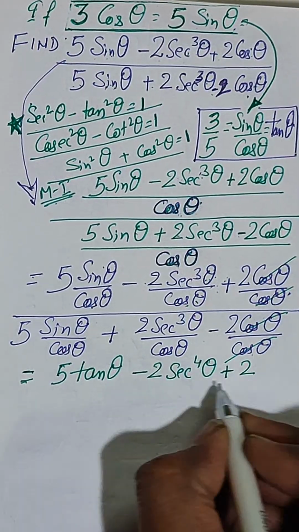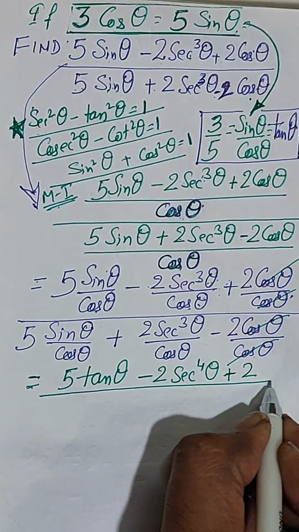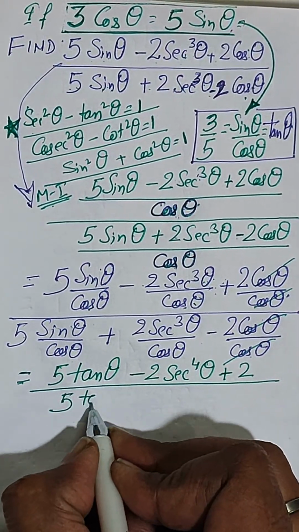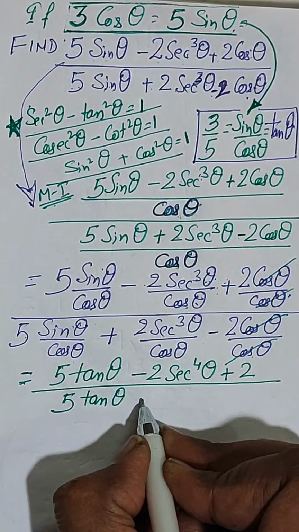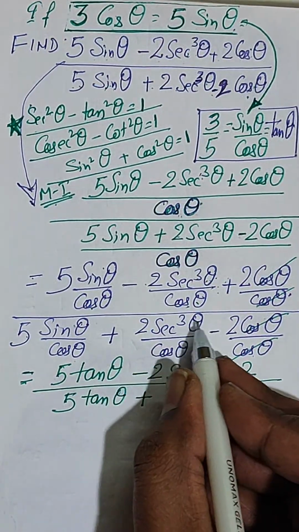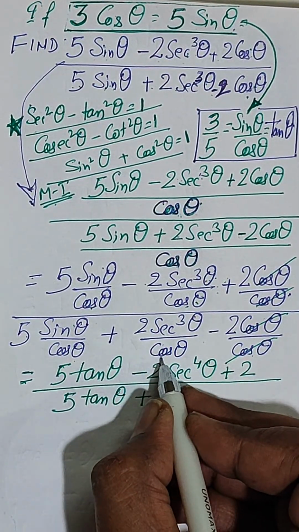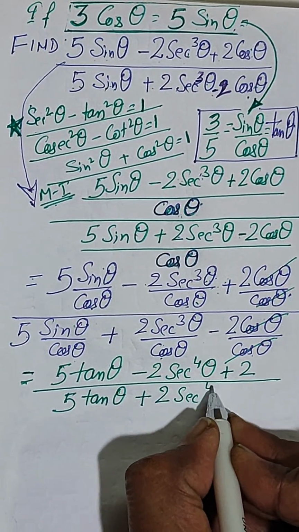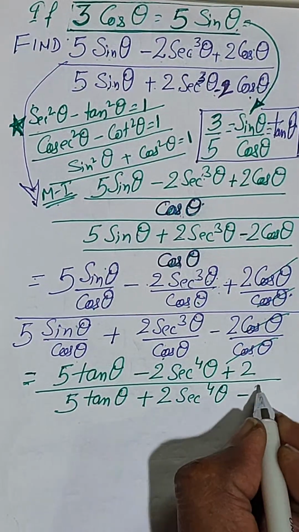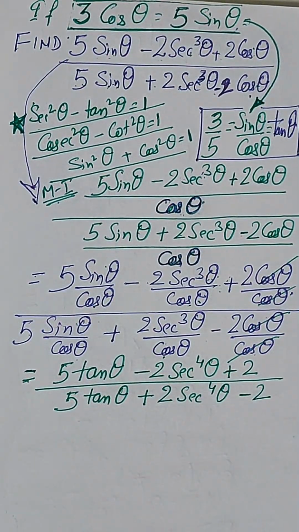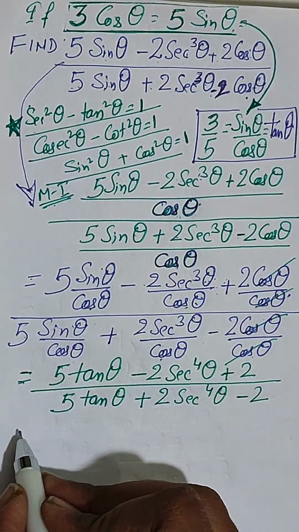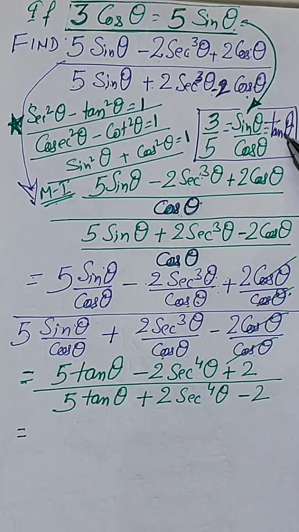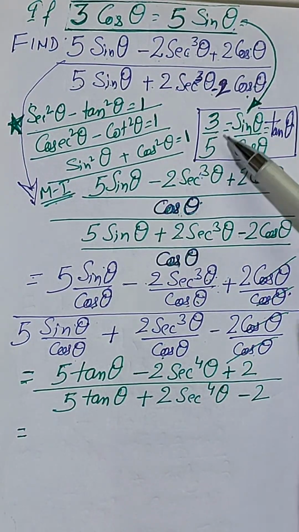Plus 2 divided by 5 times tan theta plus again 2 sec cube theta divided by cos theta will be sec 4 theta, plus 2 times sec 4 theta minus 2, right? Now just put in the values over here. Tan theta is 3 by 5, right?